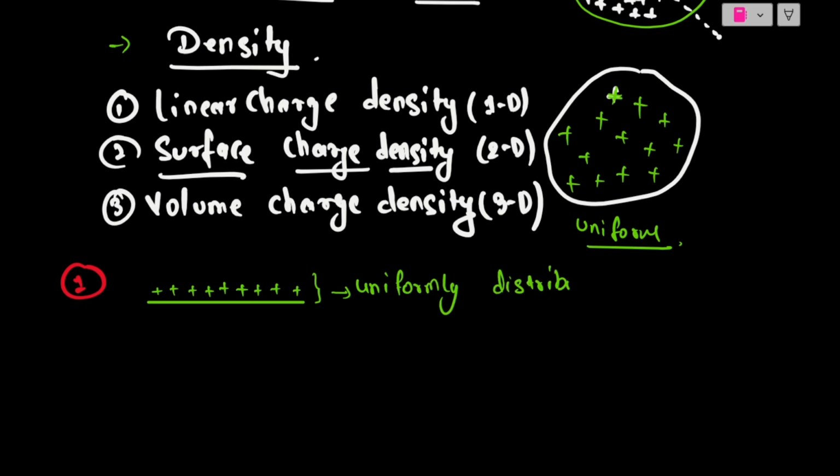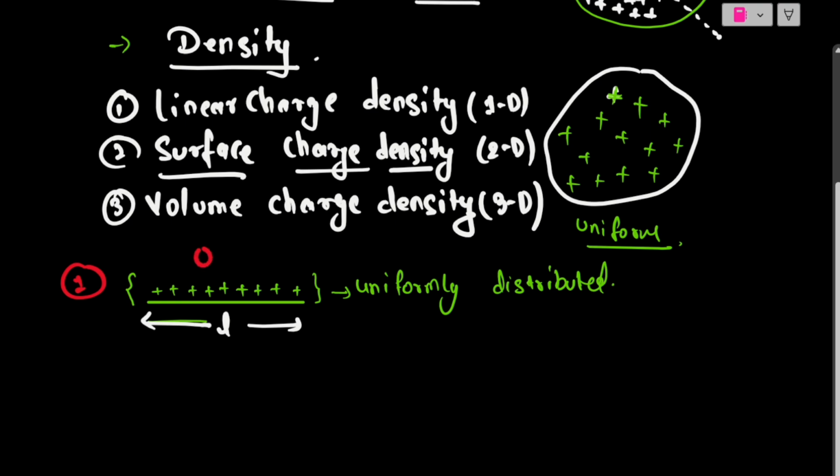Since they are uniformly distributed, we can calculate their densities. For the density, we have to denote how much charge it contains and the length. So the total length here is L, and the total charge in this rod is Q.